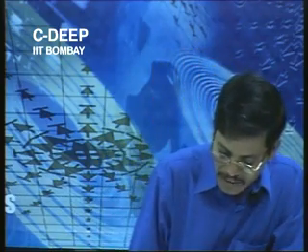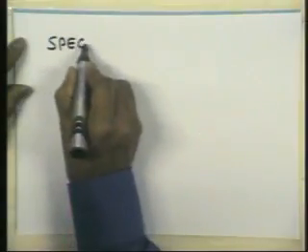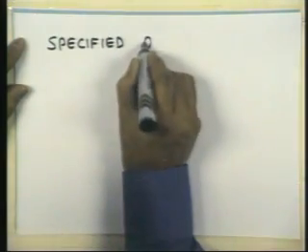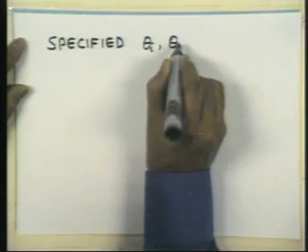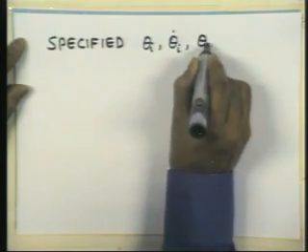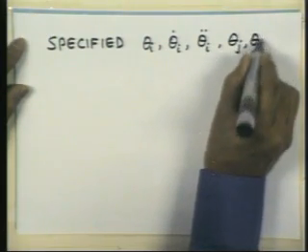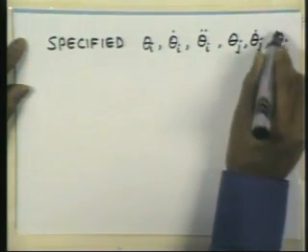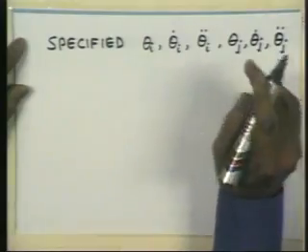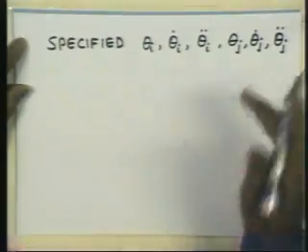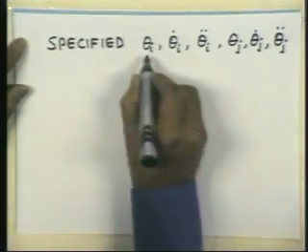If you have also prescribed accelerations, that means in the general case, if you have specified theta I, theta I dot, theta I double dot, theta j, theta j dot, theta j double dot, that is positions, velocities as well as accelerations, then the number of constraints is 6.